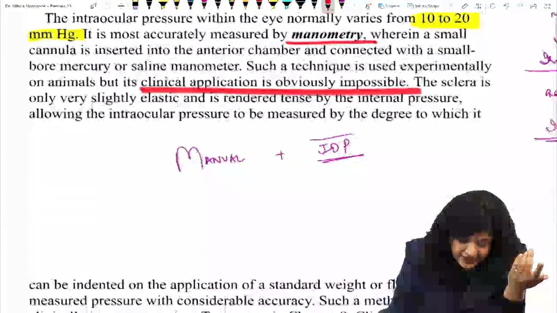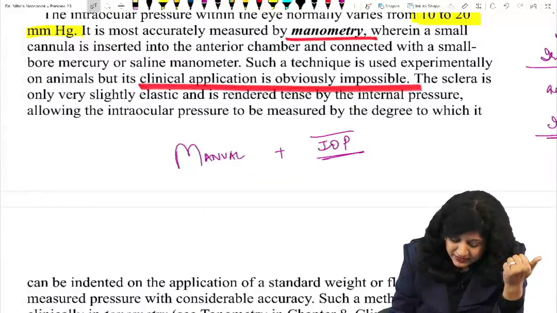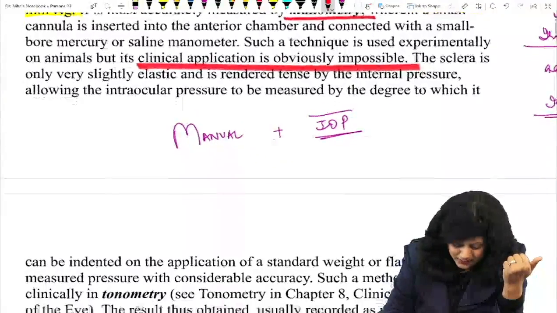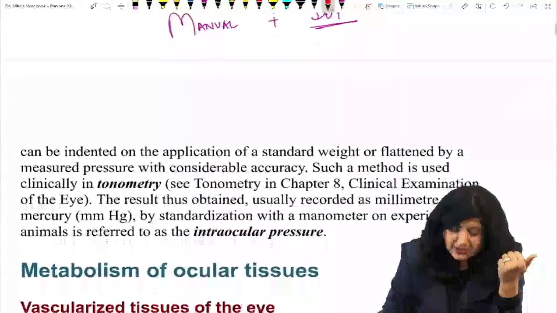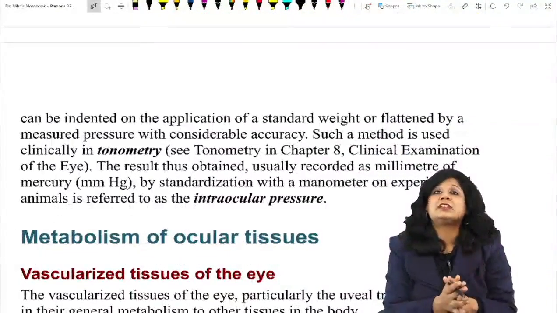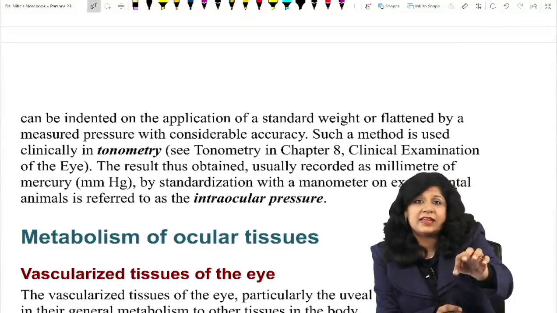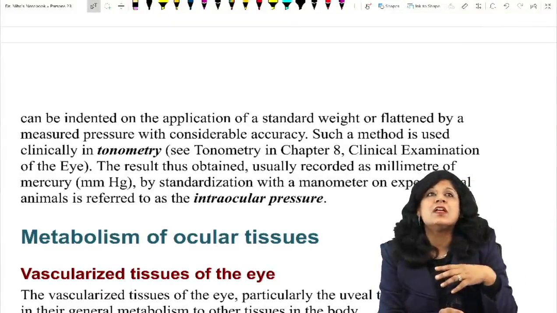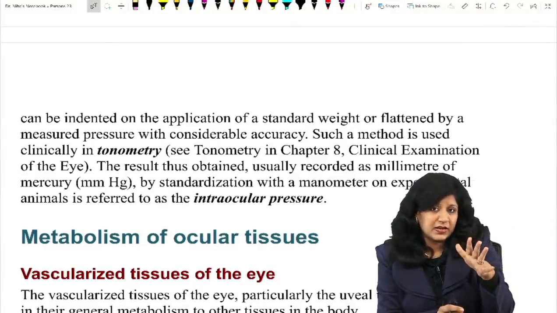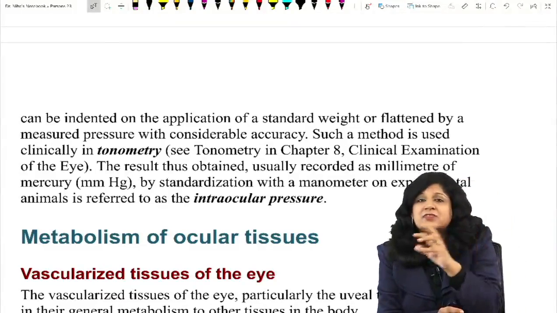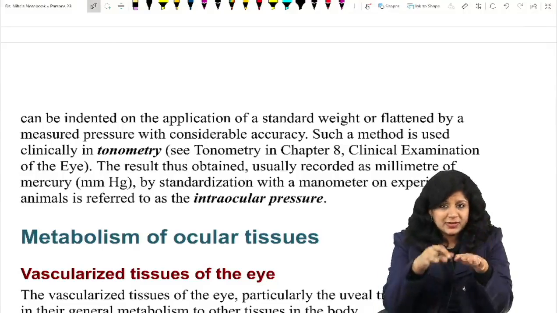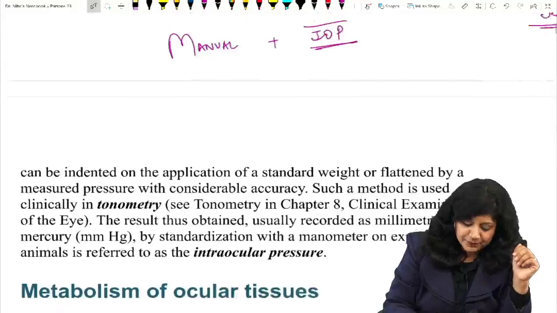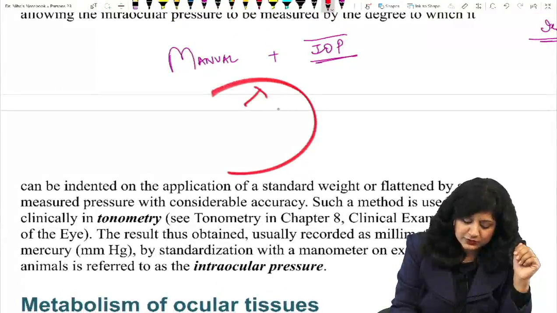Okay, the sclera is only very slightly elastic and rendered tense by the internal pressure, allowing the intraocular pressure to be measured by the degree to which it can be indented. Now, practically it's not possible to insert a cannula in the anterior chamber in living human beings and measure the pressure. So practically speaking, the sclera is very rigid, and whatever pressure is increased, it will be exerting pressure on the walls of the sclera.